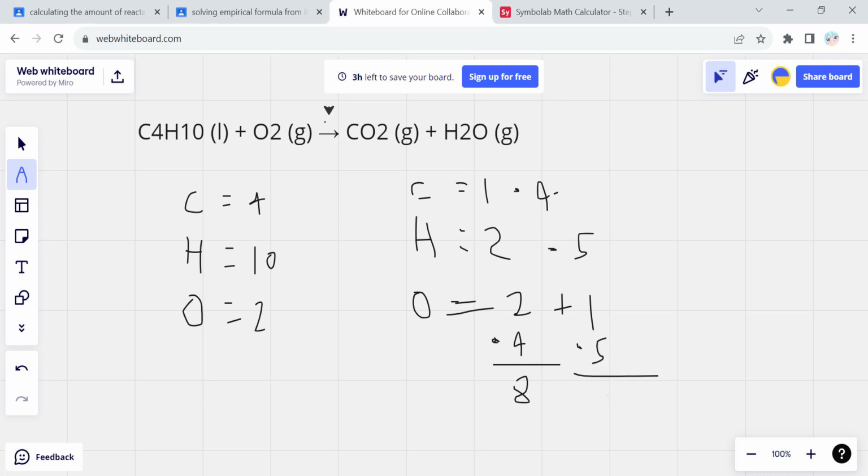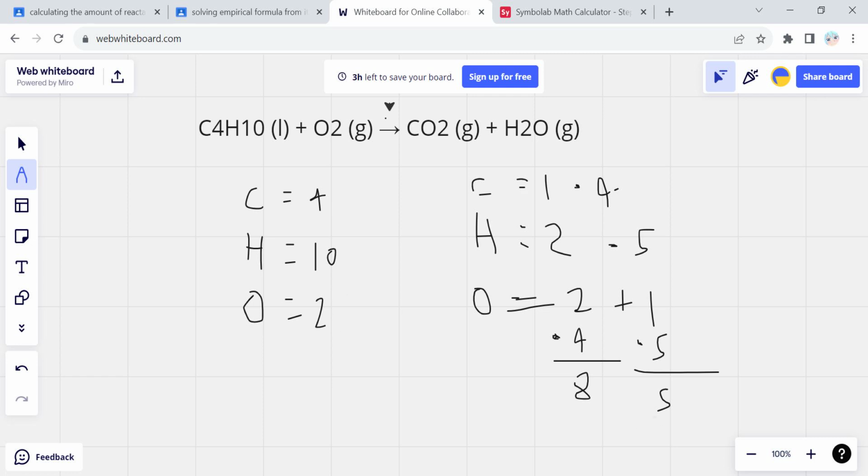So 1 times 5 is 5. That becomes 13. But 13 is an odd number, and we can't really add anything. I mean, we can add 6.5 here to get 13. So 2 times 6.5 would get us 13 actually.